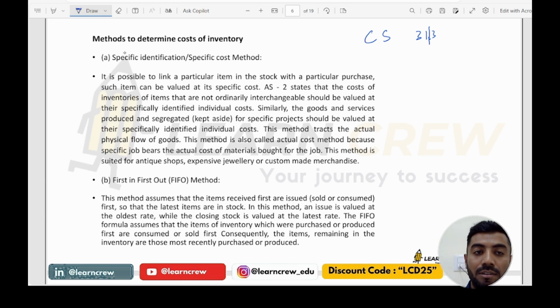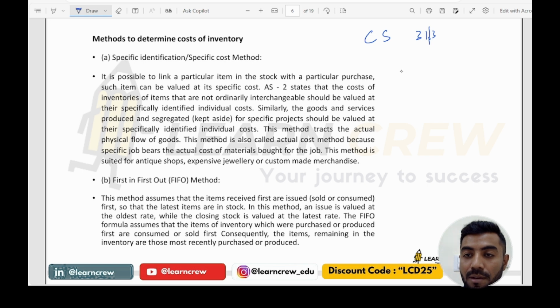What does the first method say? First method is the specific identification method or specific cost method. Like the name suggests, you're able to identify the stock specifically.